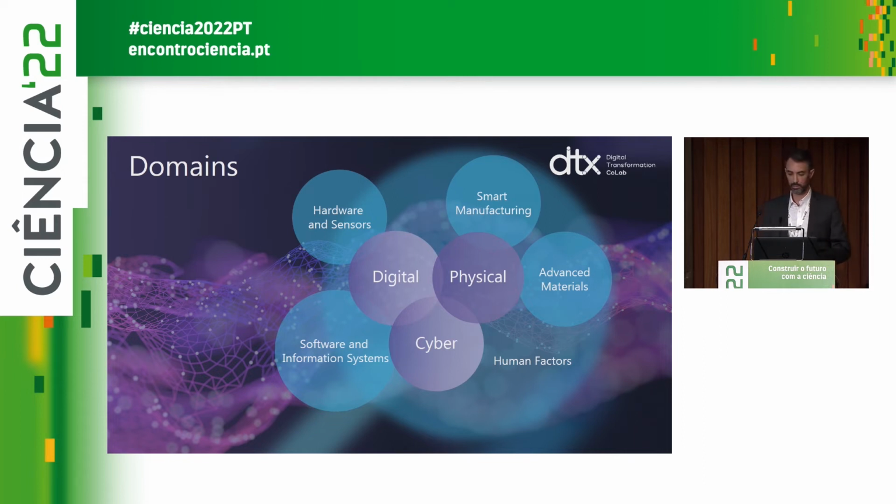We have an advanced materials team that works on technologies such as printed electronics, flexible electronics, and advanced materials as well. We have a team that deals with human factors. So all of this wouldn't be worth doing if we didn't take the people into consideration and how technological change is impacted by all of us and how it impacts society.